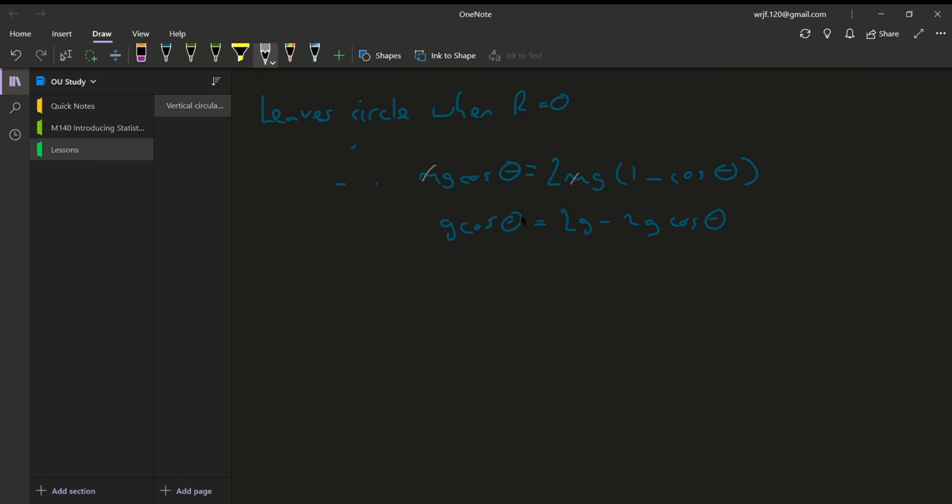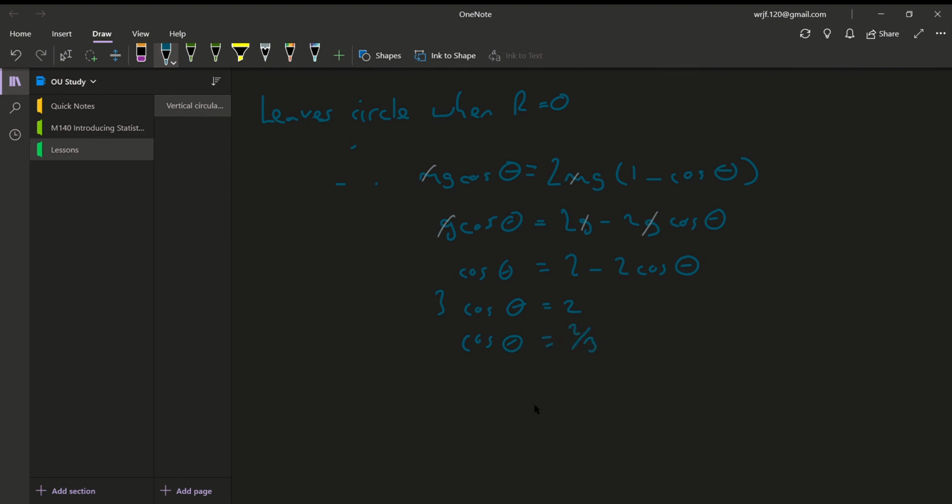I could have done that a line earlier, couldn't I? I didn't spot that one. So we're left with cos theta equals 2 minus 2 cos theta. So this now just has theta as its variable, and that means we can solve it. So 3 cos theta equals 2, and cos theta equals 2/3.